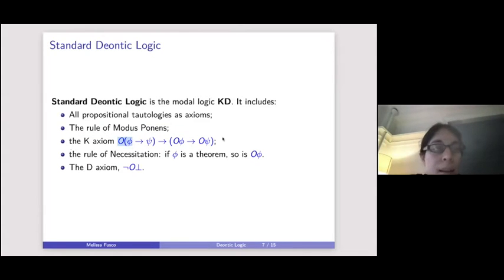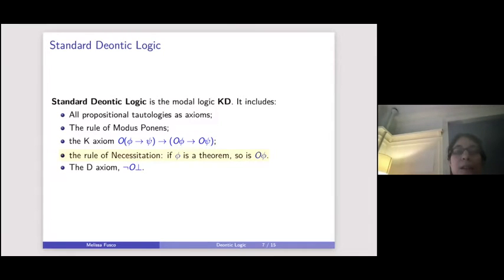Then the K axiom, which should be familiar to you, think of this as distributing the box operator O across the material conditional. So if the implication phi arrow psi is necessary, or ought necessitated, then ought phi will entail ought psi. Then there's the rule of necessitation.